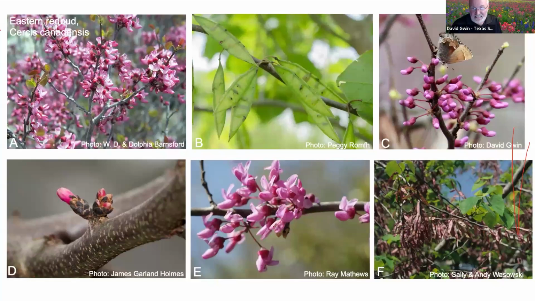From D, you would go to C, where the buds are there. They've not yet opened, but they're there. And you can just start to see a little hint of the leaves that are going to follow, right? And if any of y'all are butterfly enthusiasts like I am, you probably recognize that species in that C photo is actually Henry's elfin, which the host plant for that particular species of butterfly is actually the eastern redbud.